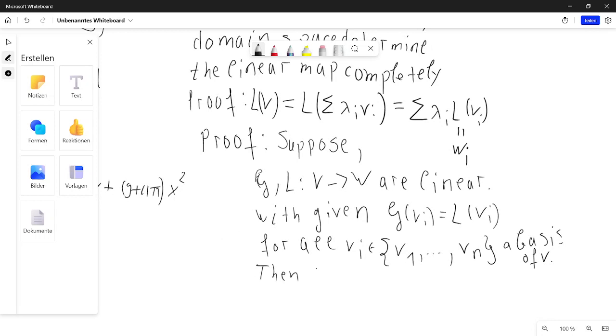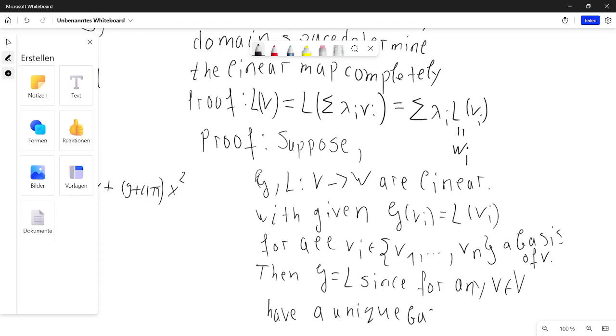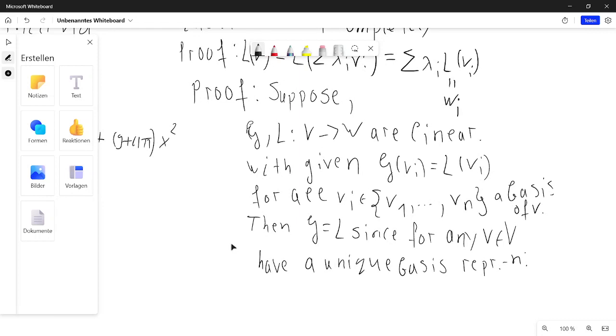Then G equals L, since for any v we have a unique basis representation. v is equal to the sum of lambda_i v_i, of course from 1 to n, right?